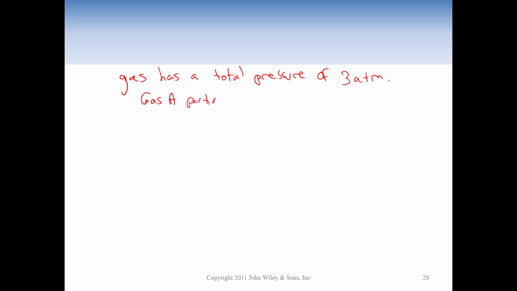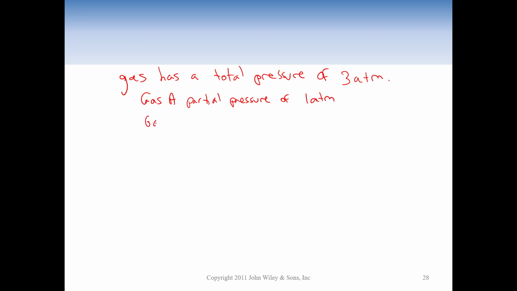So gas has a total pressure of 3 atm. Gas A has a partial pressure of 1 atm.